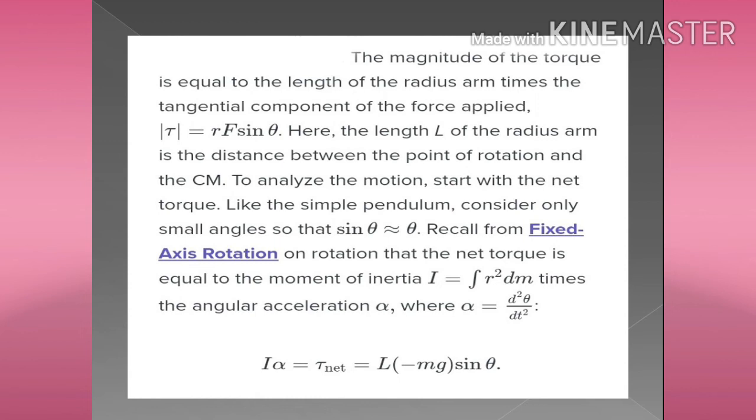Recall from fixed axis rotation that the net torque is equal to the moment of inertia, as you can see in the formula, times the angular acceleration α. And the formula for the acceleration is α equal to d squared theta over dt squared.